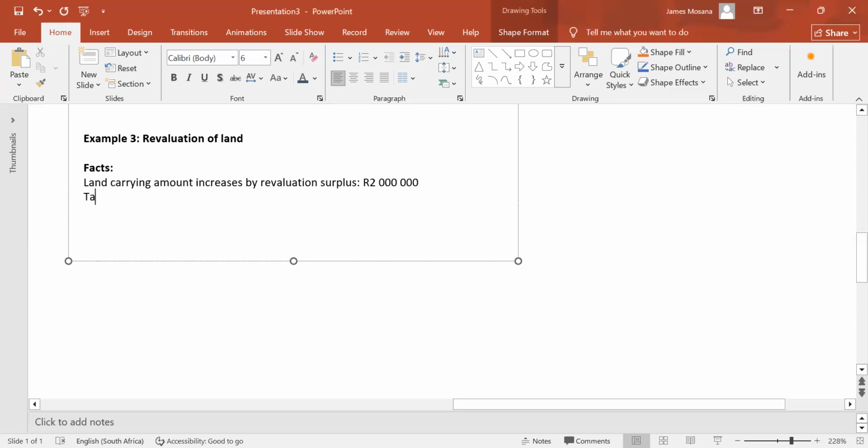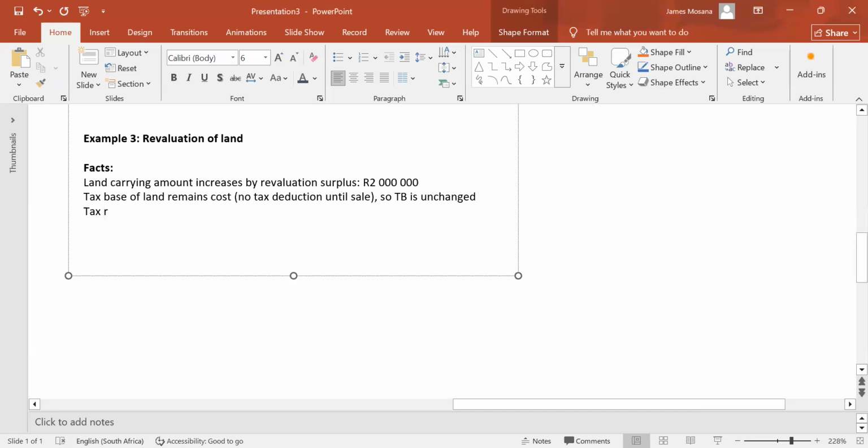And then the tax base of land remains the cost. So basically here we are dealing with no tax deduction until the sale, right? If you think of this, the tax base is unchanged and we have a tax rate of 27%.